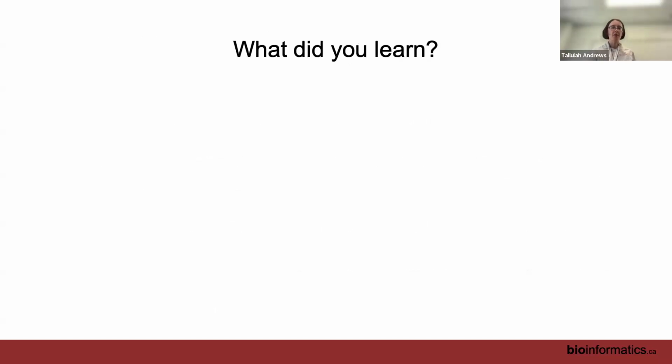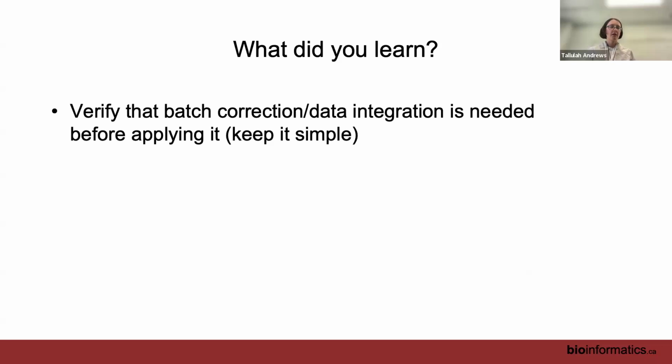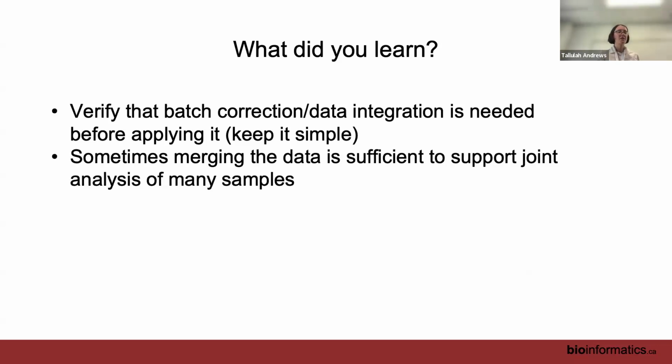Okay, to summarize, we talked about verifying that batch effect correction or data integration is needed before applying it. Don't apply it if you don't need it. Often, I'll say, if you're working with mouse data, usually you will not need to do data integration. If you're working with human data, usually you will need to do data integration.